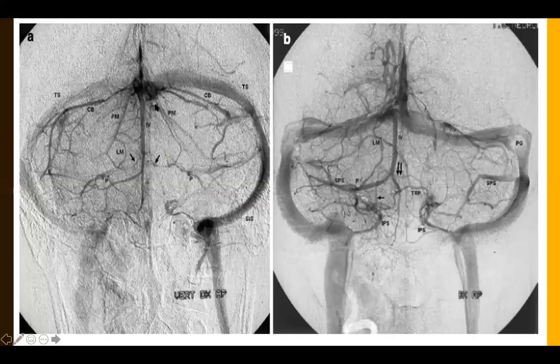Here we can see the inferior Vermian veins, not a typical scene, but it goes in the direction of the precentral vein, with multiple tributaries from the retrotonsillar areas, and it drains directly either into the transverse sinuses or sometimes into the sigmoid sinuses.